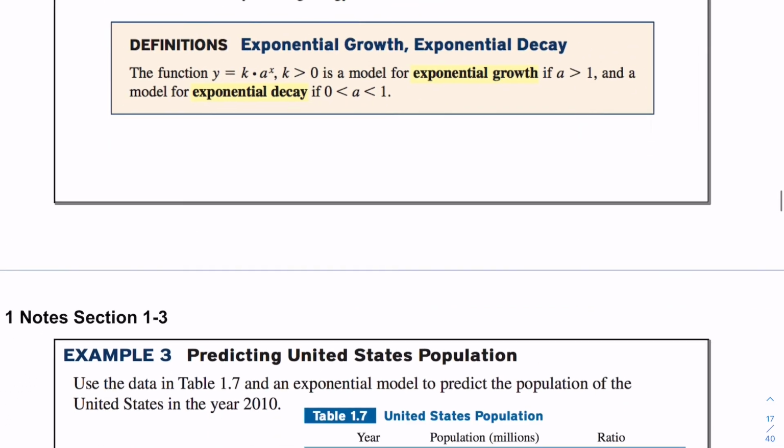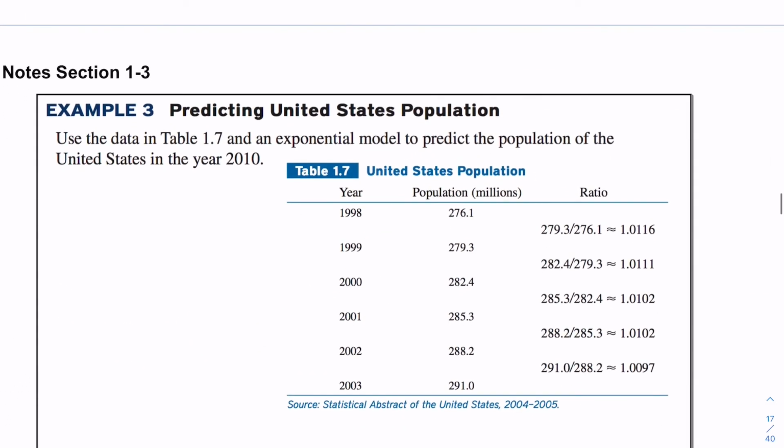Okay, predicting the United States population. So here we have some data from 1998 all the way into 2003, with population in millions, and it looks like we have found a ratio here. So we have 1.0116, 1.0111, 1.0102, 1.0102, and then 1.0097.